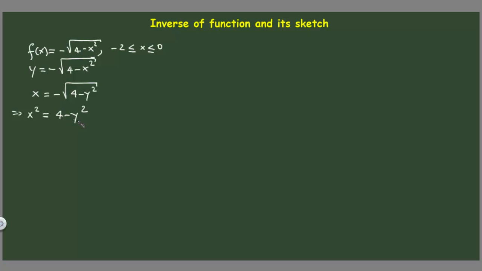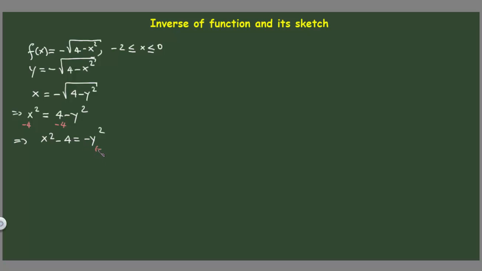And here we can add minus 4 here and minus 4 there. That's giving us x to the power 2 minus 4 equals minus y to the power 2, and we can multiply by minus 1, of course, to get rid of this minus 1 right here.